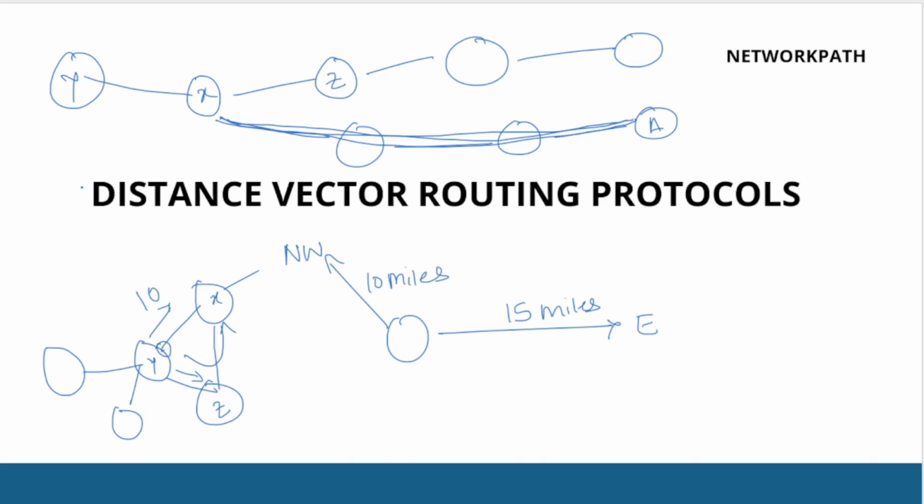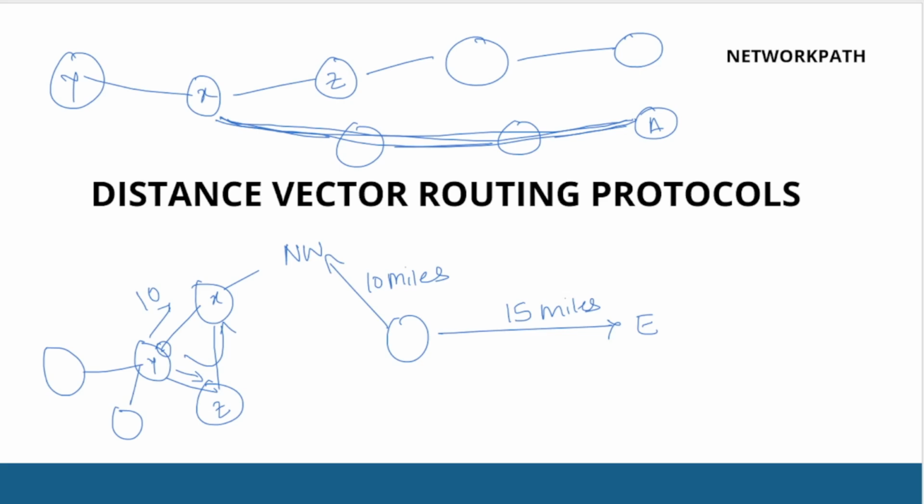But you do not really know if the information provided by Y is correct or not. You cannot prove it. You just have to accept it and use that route. You can compare it with other routes shared by other routers, but there is no other way to verify if it is correct. That is why this process is sometimes called routing by rumor. And that's the big picture of distance vector routing protocol.